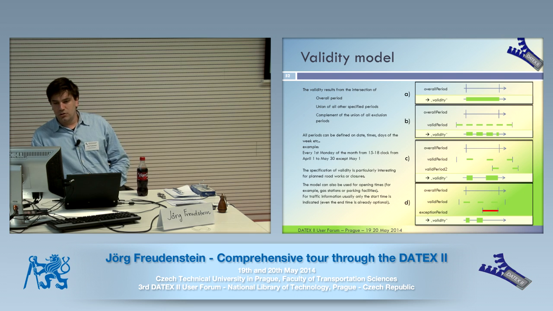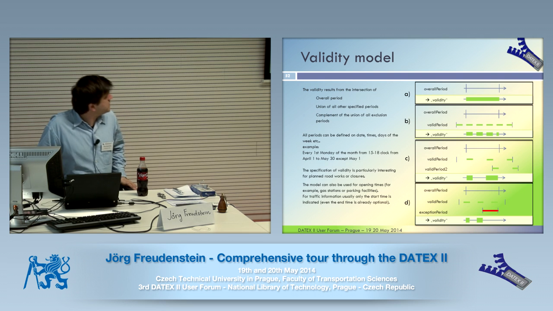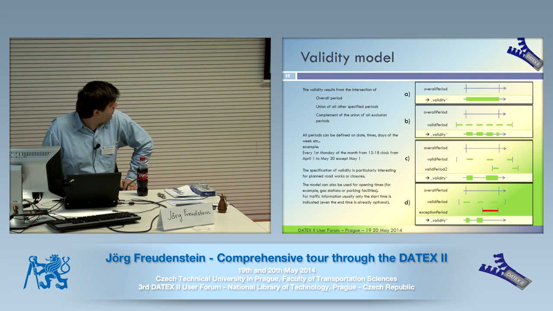So that means what you can do is you can specify an overall period, and the resulting period is here in green. You can specify an overall period, and you can specify some more valid periods here in green, and the result is an overlap between the overall period and the specified period.